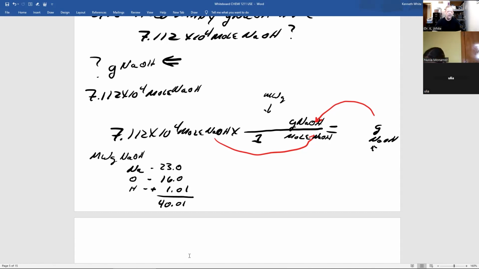40.01. Remember, when you add numbers, you get the same number of significant figures to the right of the decimal as the number that has the fewest significant figures to the right of the decimal. And all numbers, 0 or non-zero, when they're to the right of the decimal, are significant. So this has 1 significant figure to the right of decimal, this has 1, this has 2.